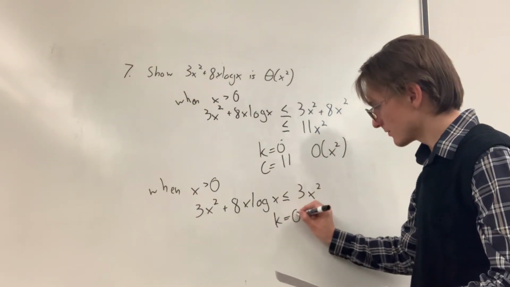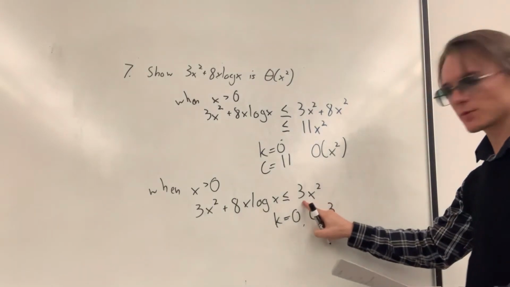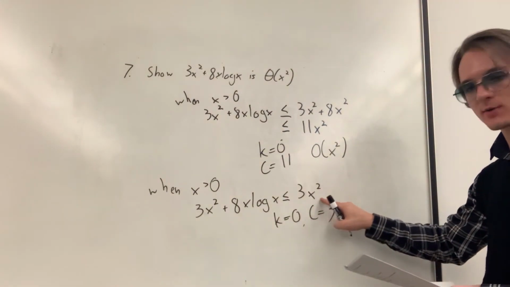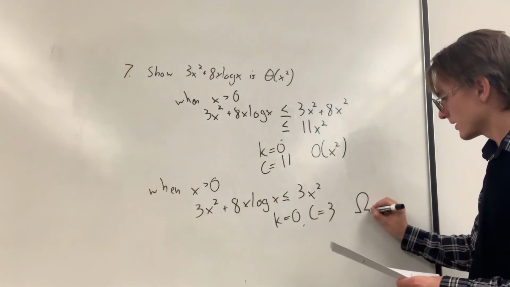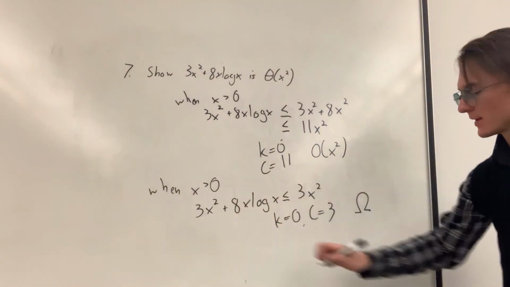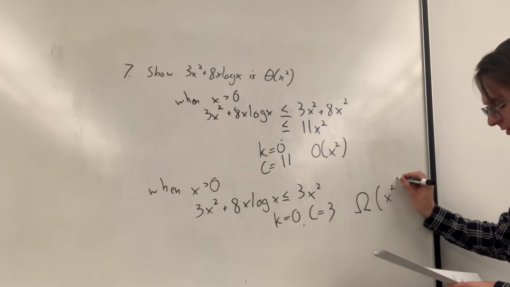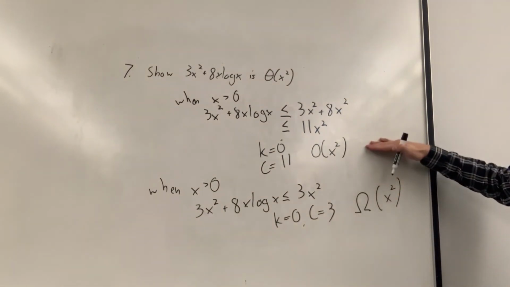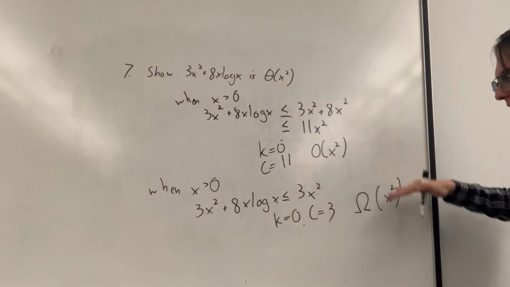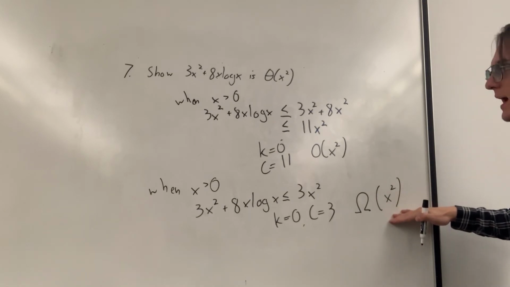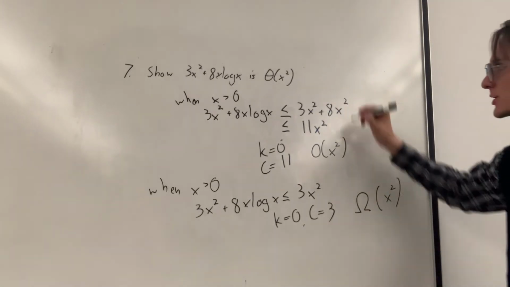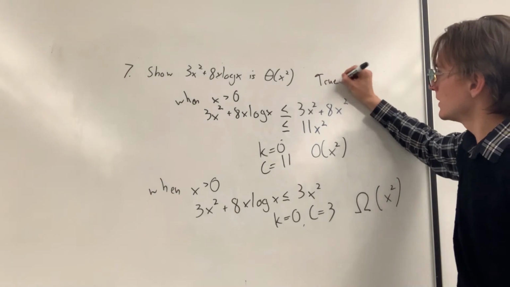K is equal to 0, c is equal to 3, which we get right here, multiplying the factor of x squared. And we have that this expression is big omega of x squared. So, because we have that it's big O of x squared and big omega of x squared, we have that it's big theta of x squared. So, it holds to be true.